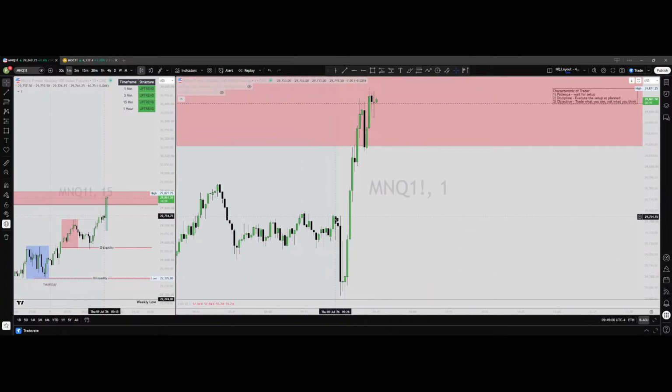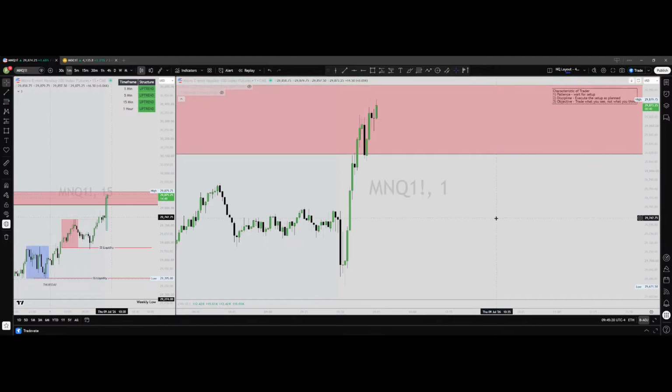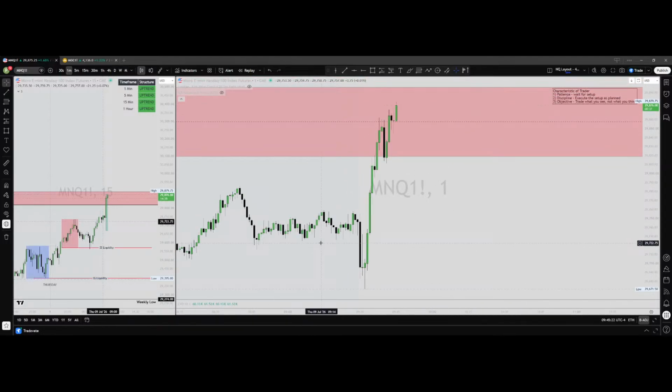Things like this: no wick candle here, no wick candle here. These become general levels for price to retreat back into. Okay, so keep these things in mind.